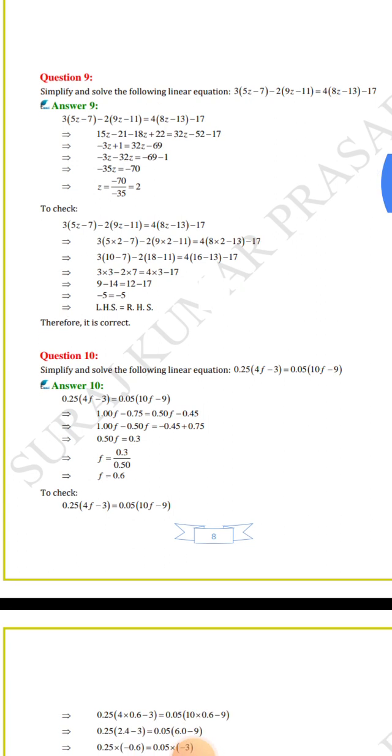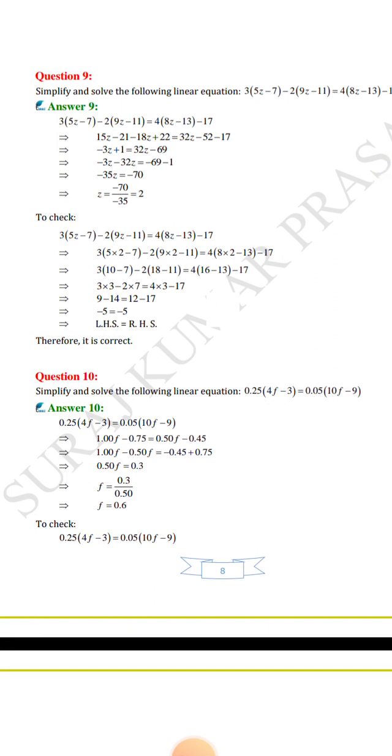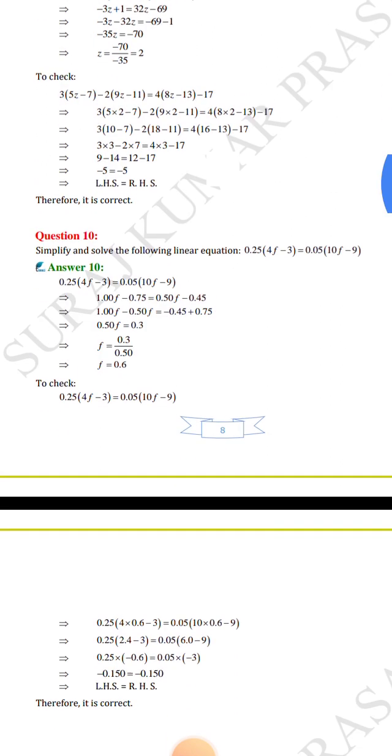Then we get 3 of 10 minus 7 minus 2 of 18 minus 11 equals 4 of 16 minus 13 minus 17. Then we get 3 into 3 minus 2 into 7 equals 4 into 3 minus 17. Then we get 9 minus 14 equals 12 minus 17. Then we get minus 5 equals minus 5. Then we can conclude LHS is equal to RHS. Therefore, it is correct.